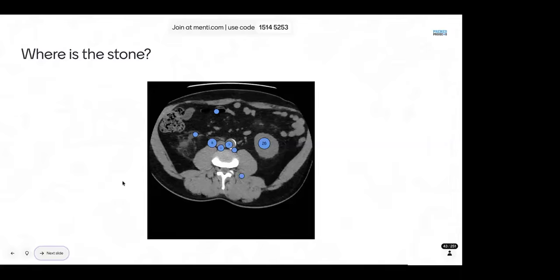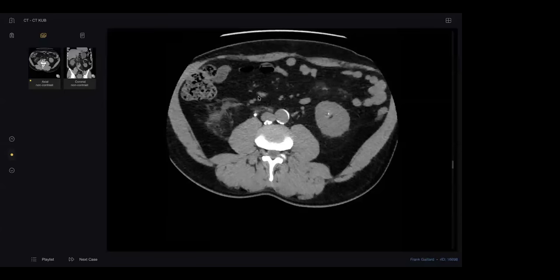So let's actually have a look at the scan. This is a tough one, okay? Let me share my screen. So this is a scan you guys are seeing.